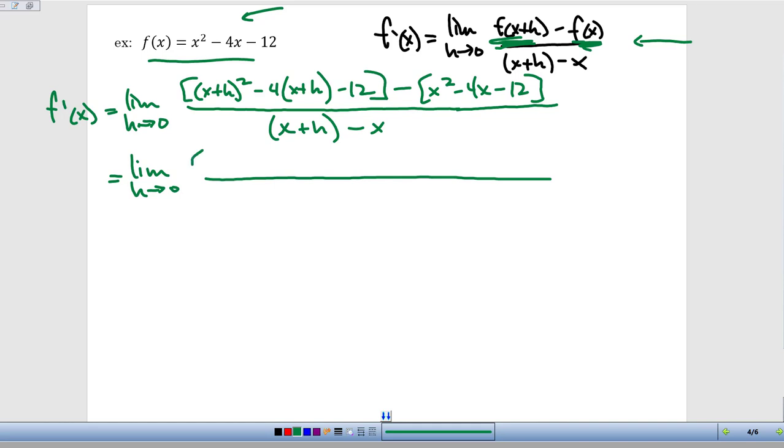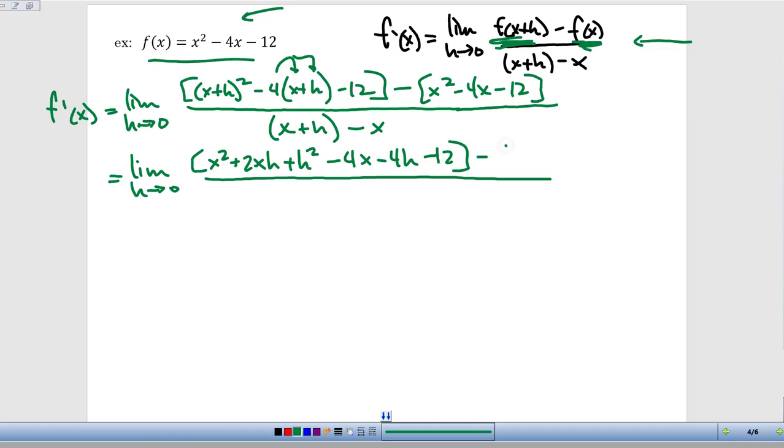So I need to FOIL this x plus h squared. We've done that previously. So that's x squared plus 2xh plus h squared. I now need to distribute this -4 right here. So we get -4x minus 4h. And then I still have the minus 12. So that's now the expanded expression for the first part of the numerator.